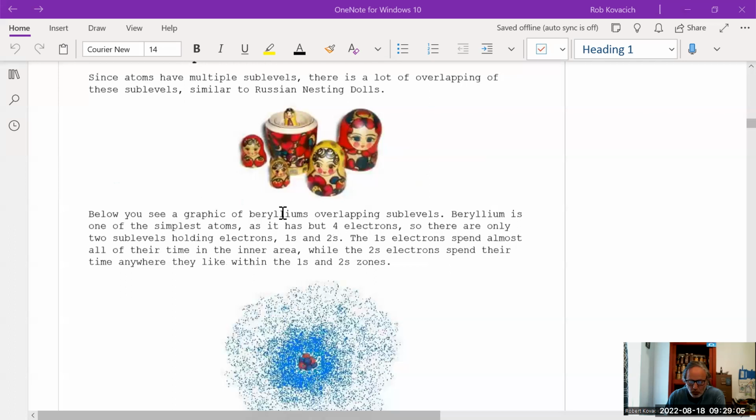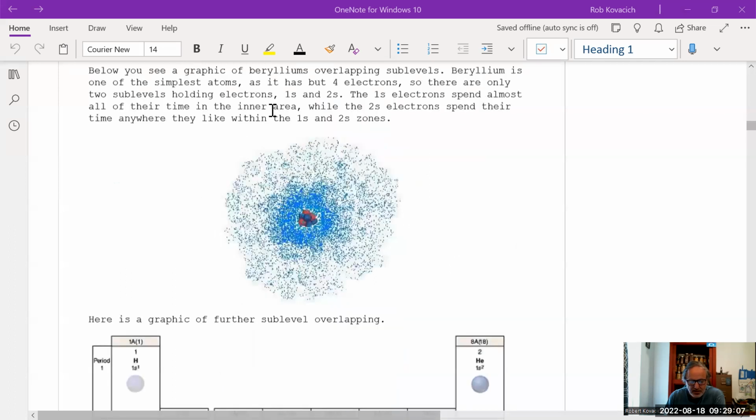What we're looking at here is beryllium, and we've got 2 electrons here and 2 electrons here, and a nucleus down here. You can see that these 2 electrons on the outside have space, but this interior part isn't cut out.